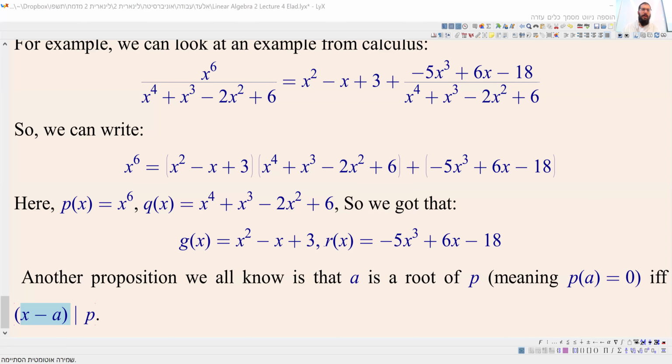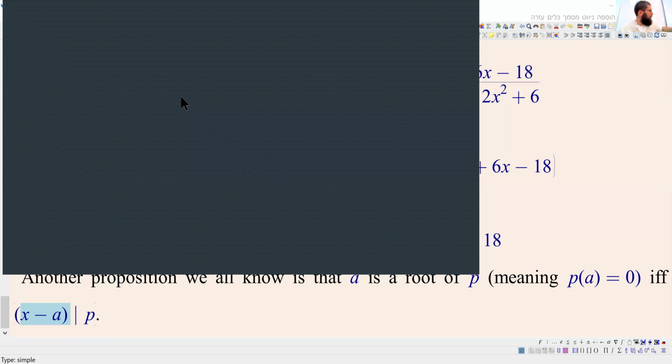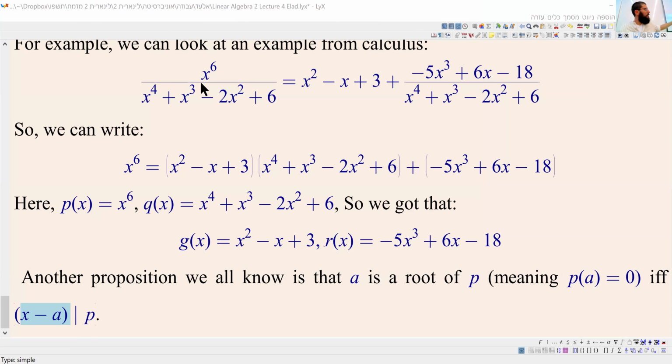So now, the statement itself about a being a root of the polynomial p. And a is a root of p if and only if x minus a divides p. We know intuitively that it is true, and right now it is enough for me.